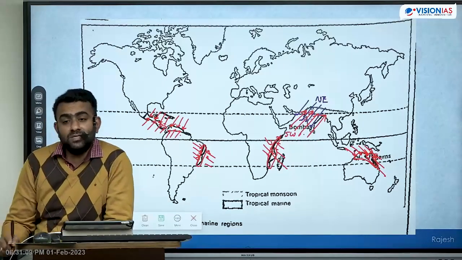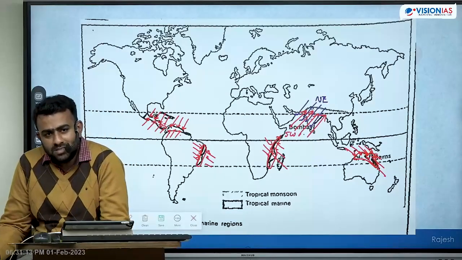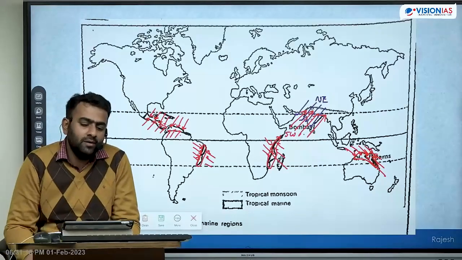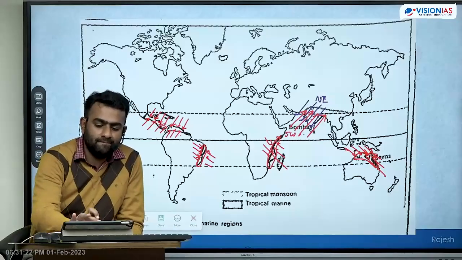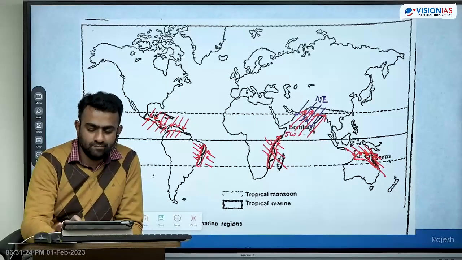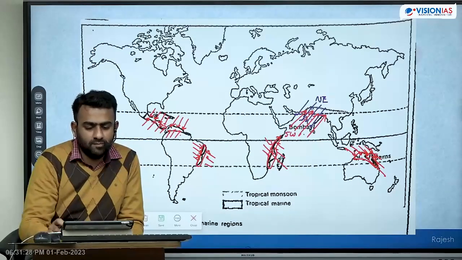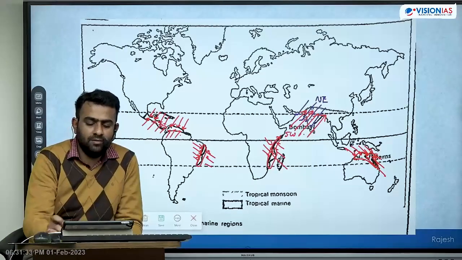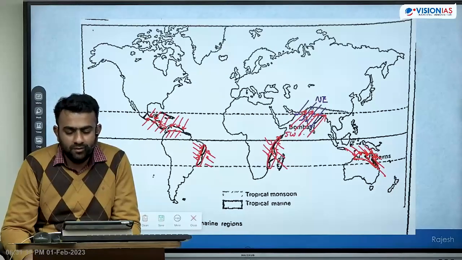So because of this, the dominating vegetation is deciduous type. It is a dry season, so to conserve the water, it gets adapted to become deciduous type. The vegetation is deciduous type, and trees shed leaves during winter.